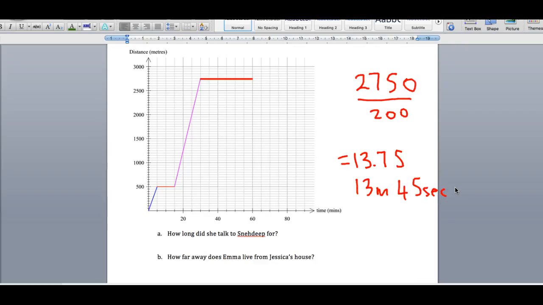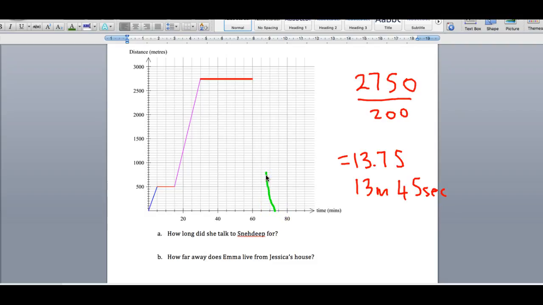So on your graph, and I might do this in a different color. Let's do this one in green. So she leaves her friend's house at the 60-minute mark, and it's taking her 13 minutes and 45 seconds. So we just add on 13 to there. So we're going to be around here.